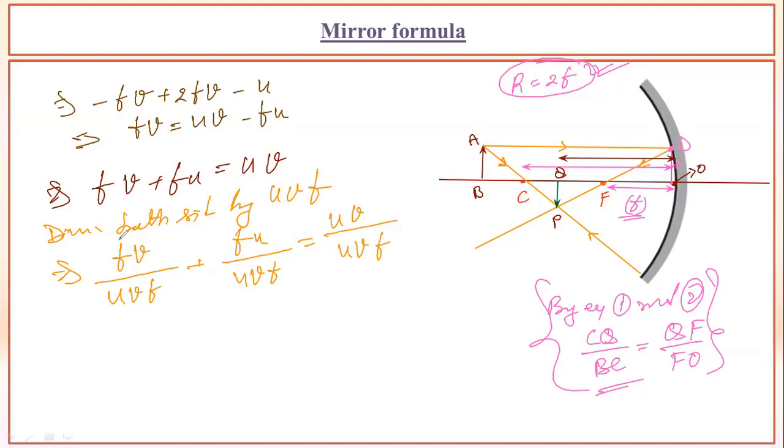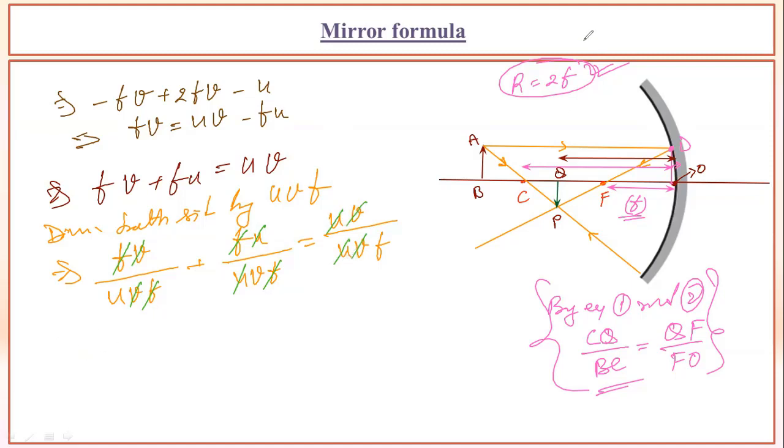Then what components can you cancel? F and V can be cancelled here. Here also F and U can be cancelled. And U and V can be cancelled on the other side.